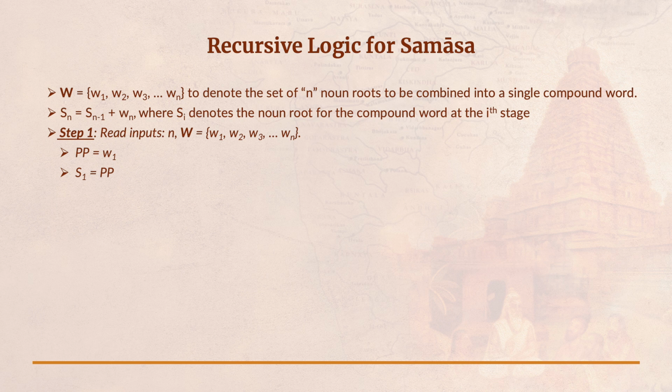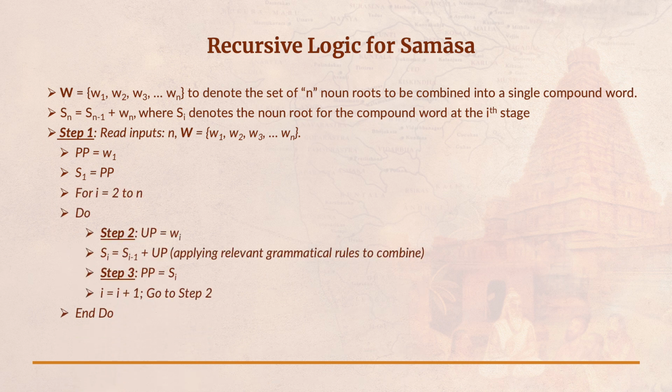Go to step 2. For I equal to 2 to n, between do and undo, we have the recursive logic happening. What do we do? Uttarapada is equal to Wi, which means for I equal to 2, take the second one, W2. Simply add it to the previous one, and you get the new word at stage I, which is stage 2.